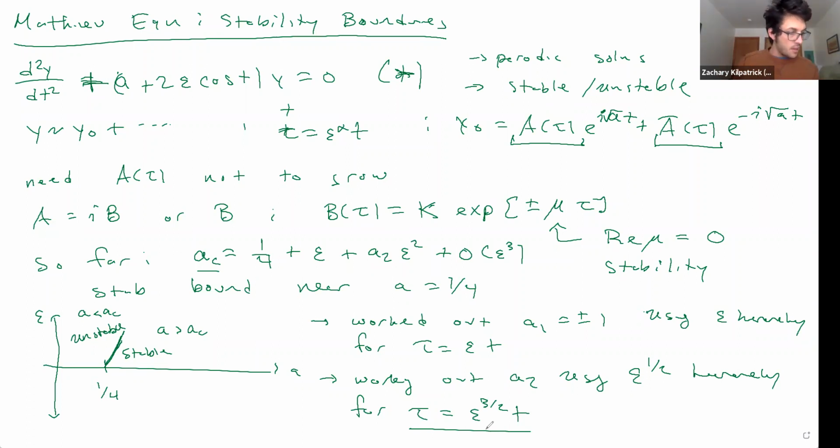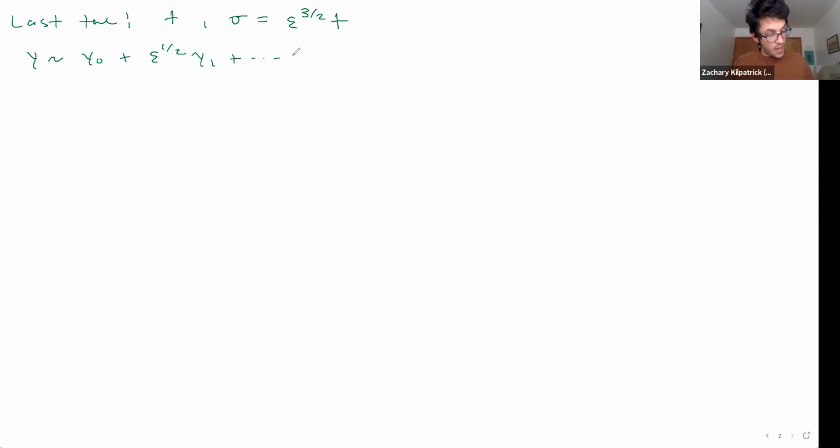Okay, and to this point last time, we'd found that for sigma equals epsilon to the 3/2 t, and then y is an expansion in epsilon to the 1/2.